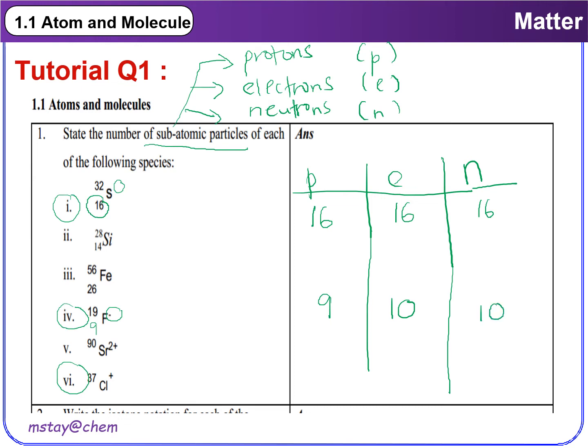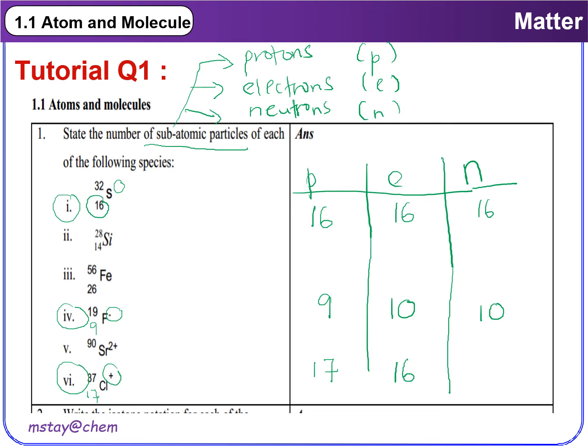Okay, the next one is the chloride ion with a positive charge. As we all know, the proton number for chlorine is 17. In this case, the number of protons is 17. The charge is positive, which means this ion contains more protons than electrons. So we are going to minus 1, and the number of electrons is 16.